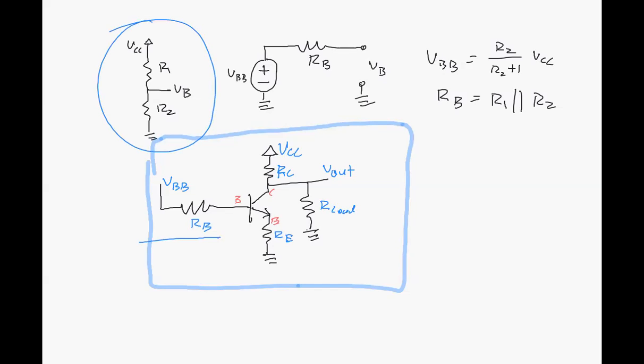But these give you the values that, knowing those values, you can then work out the divider network and build it. But it's just easier to draw out this. The electrical engineers will save time by drawing it like this instead of drawing it like this. And in fact, there are other ways that you could implement this. These are just the effective values you need. And there are other ways you can build that bias network. And so they're not trying to tell you how to build it. They're just telling you that this is the sort of structure that you need.